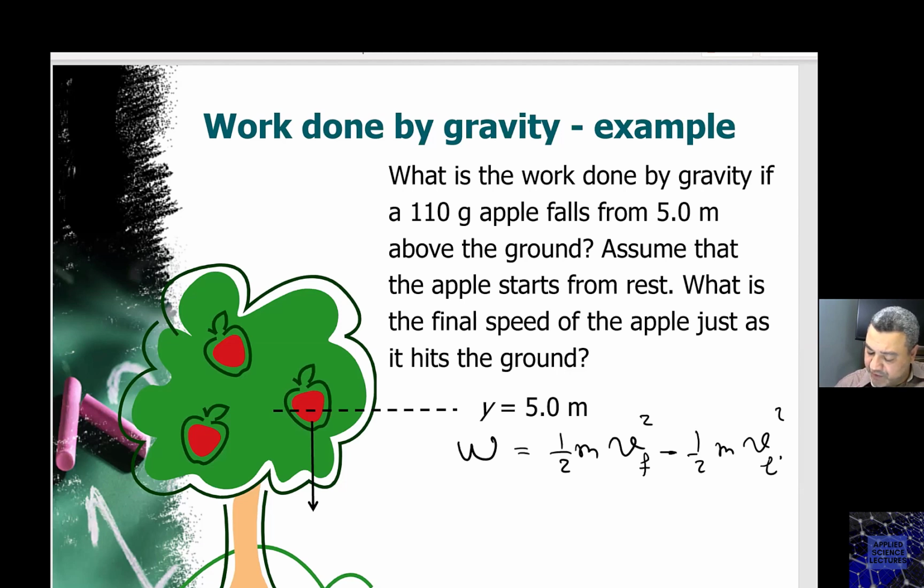starting from rest, which means the speed was 0. Then I know the work due to the gravitational force would be Fg delta R. If I take this one as the positive, and Fg is positive going downward, then delta R would be 5 meter.